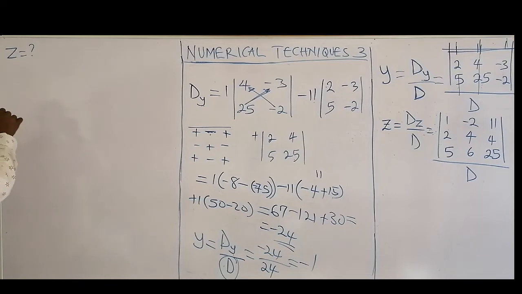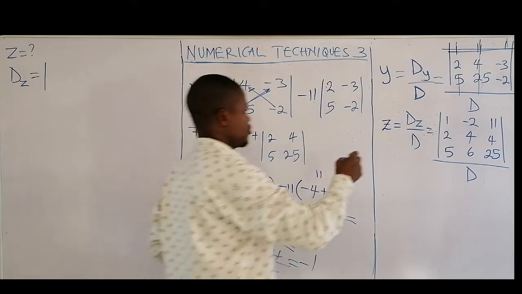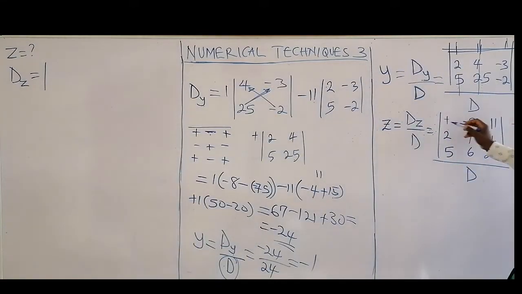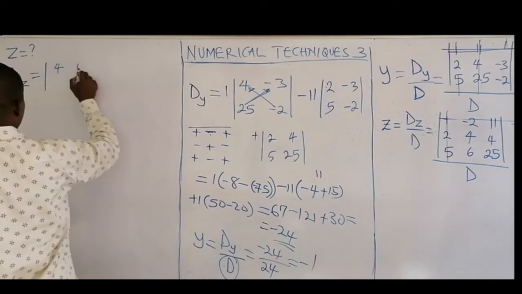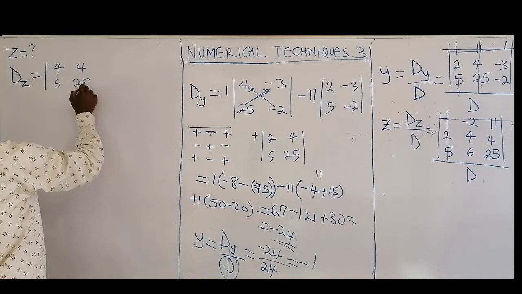Before we can get that, we need to get the determinant with respect to z, D subscript z. The same thing we're going to do also. I'm using the first row, the first horizontal line. So cover this. So I have 4, 4, 6, 25.